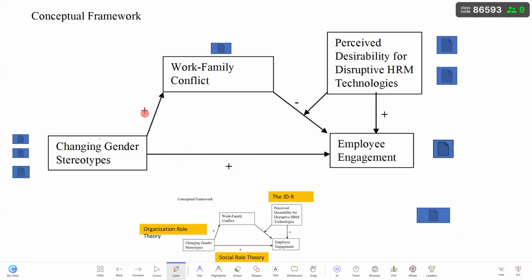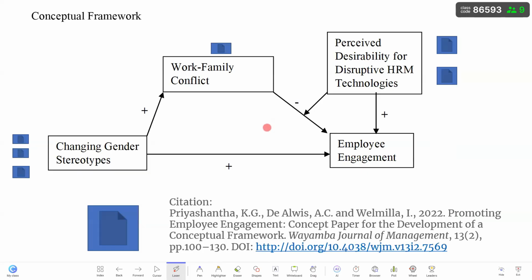What are the best fitted theories which explain the influence of gender stereotype on work-family conflict can be taken as support like this. You can take relevant variables, and their explanation of the impact of this particular independent variable on the dependent variable can be explained. Ultimately, you can review that as well.